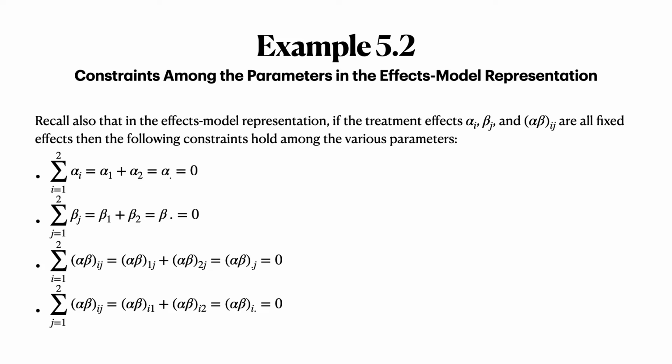If we sum the alpha beta ij's along the first index, the i index, then that sum is 0. And if we sum the alpha beta ij's along the second index, the j index, then that sum is 0 as well. The implication of those last two constraints is that if we sum the alpha beta ij's over both indices, that would be 0 as well.